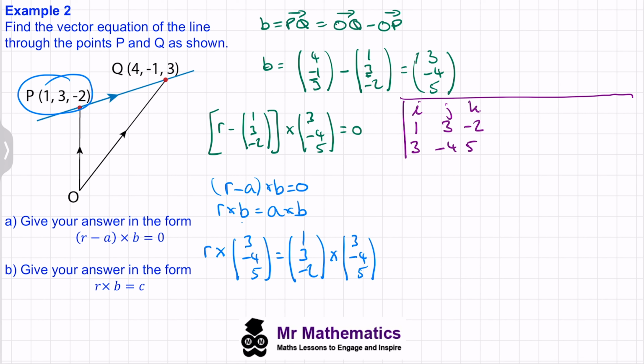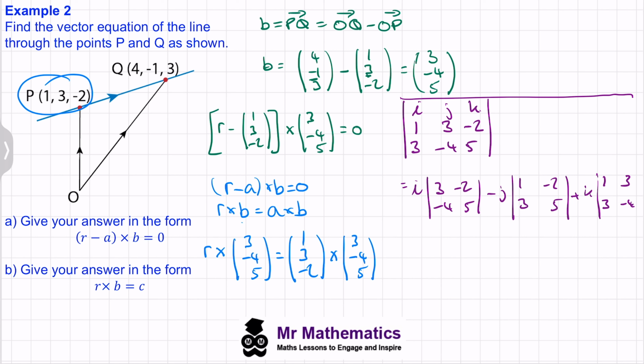This will give us i, and we'll look at these four: 3, minus 2, negative 4 and 5. Then minus j, and we'll look at these four: 1, 3, minus 2 and 5. Plus k, and we'll look at these four: 1, 3, 3 and minus 4.